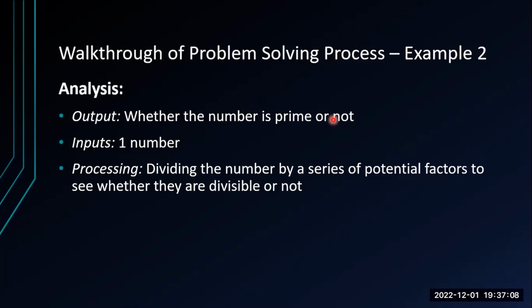And if, when you start from 2 and get to that halfway point, there is any other number that actually can divide it without remainder, then it is not a prime number. So in our processing, we would then have to divide the number by a series of potential factors to see whether it is actually divisible or not.